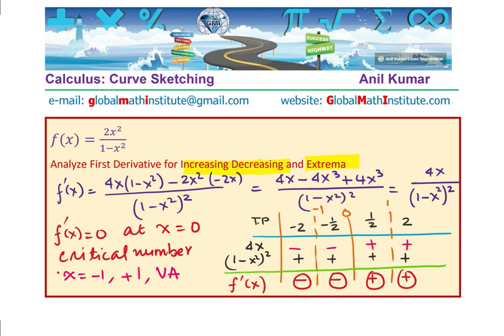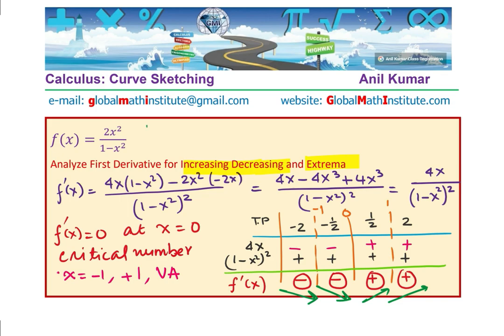Now negative and positive clearly gives you a minimum, right? When the derivative is negative, it means the graph is going downwards, and then up and up. You see that. So we now know the behavior. These are the decreasing intervals.